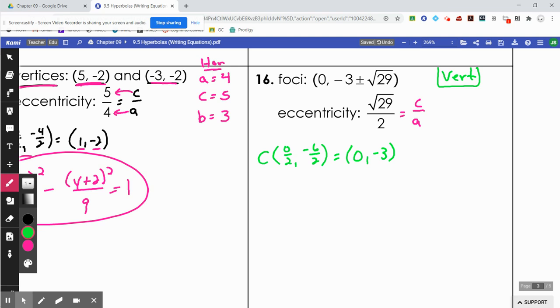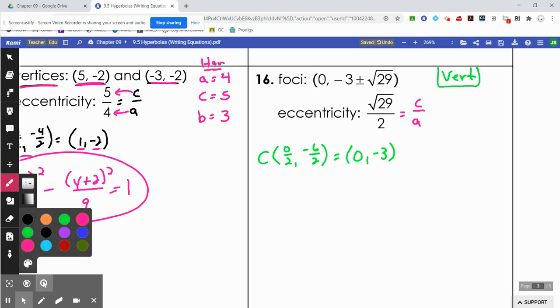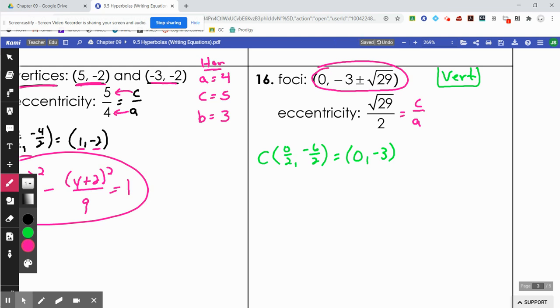Now a, b, and c, let's find those. Half the distance between these two foci is going to be your c value. Or we could say the distance from the center to the foci is your c value. In either case, the c value is going to be the square root of 29. So do we have this one-to-one relationship here?